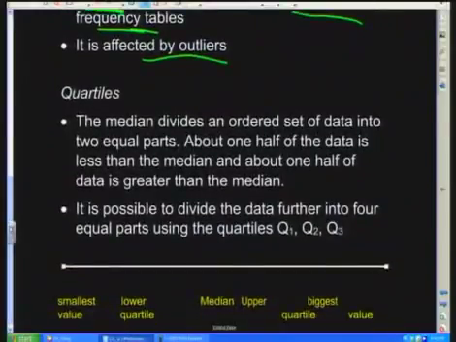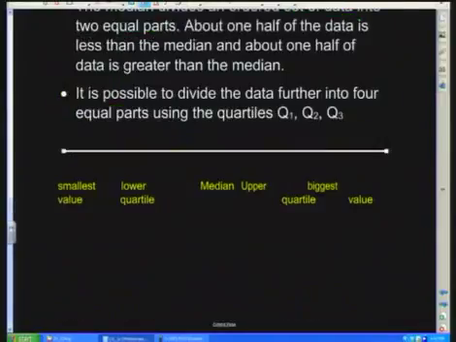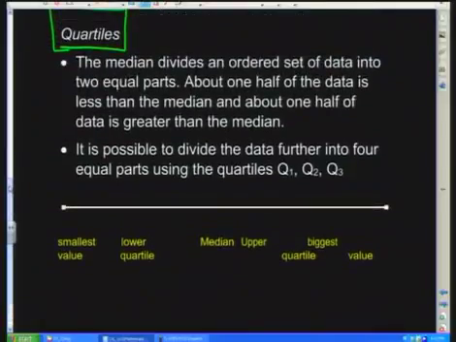Another measure of dispersion that we use is called quartiles. Now, how this all links in is, remember, your median divides your data. If it's an ordered set of data, your median is the middlemost value, and what it does is it divides the set of data into two equal parts.